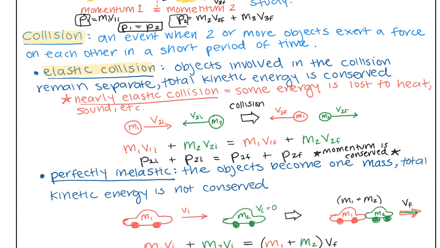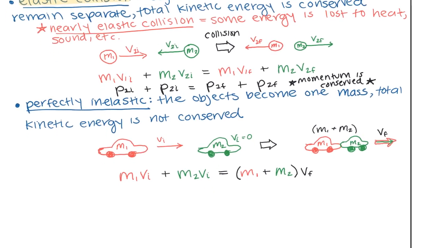So that's what we call nearly elastic collisions. In the physics classroom, we tend to just describe nearly elastic collisions as elastic collisions. We know in real life that it is not perfectly elastic, but we are going to estimate that it is perfectly elastic.